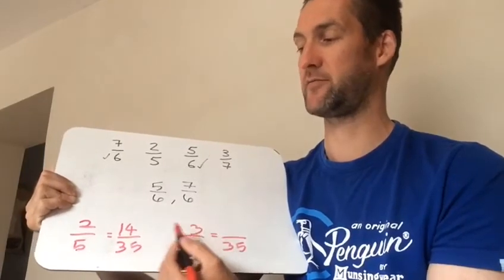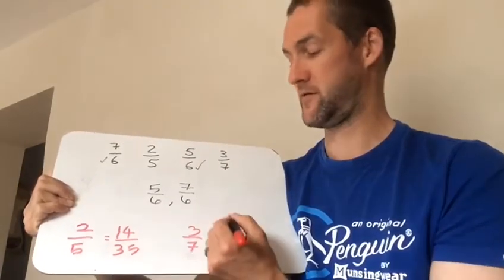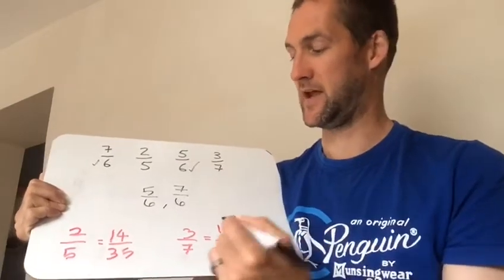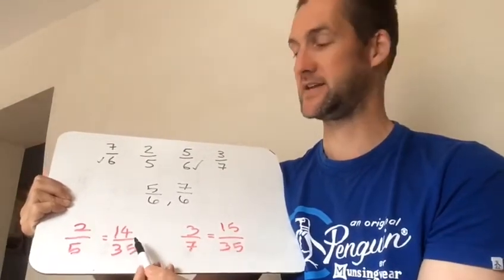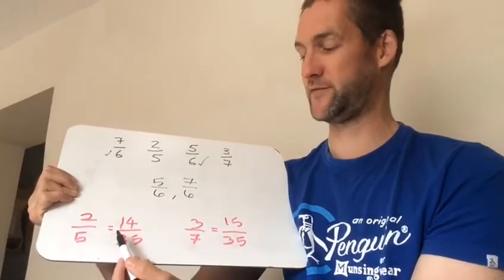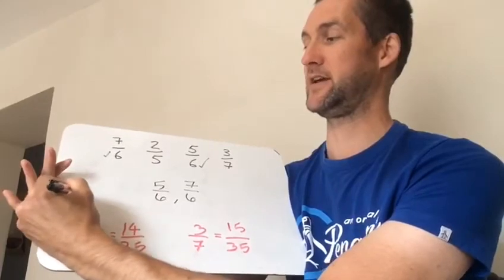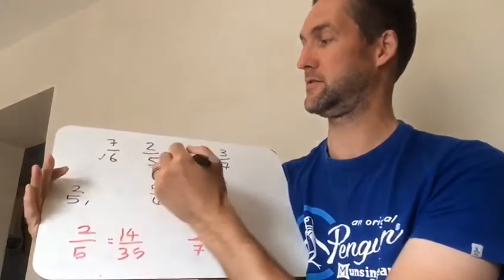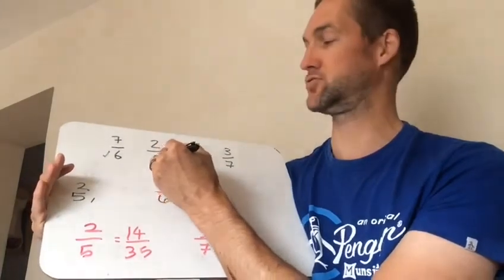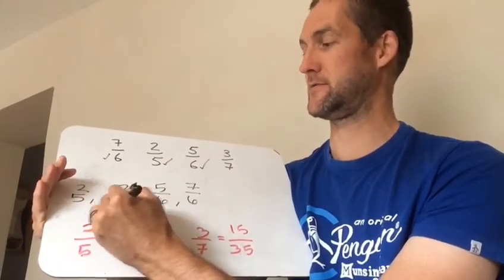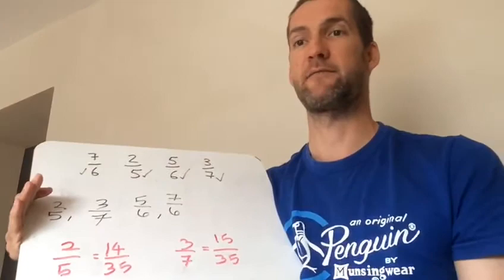So I need to multiply 3 by 5, which is 15. Now, we can clearly see now that 2/5 is the smallest fraction. So we write it in the given fraction, 2/5, and our next one is 3/7.